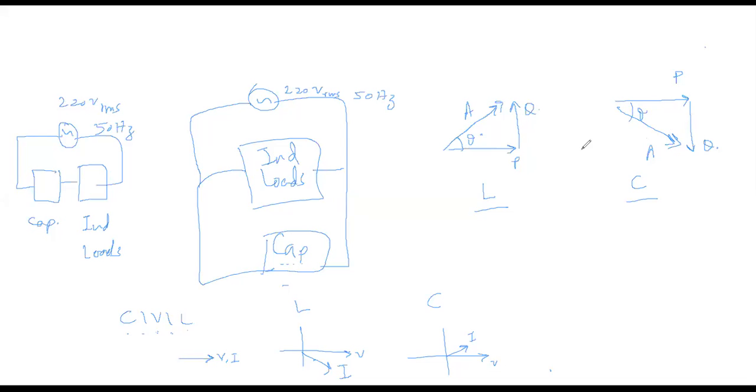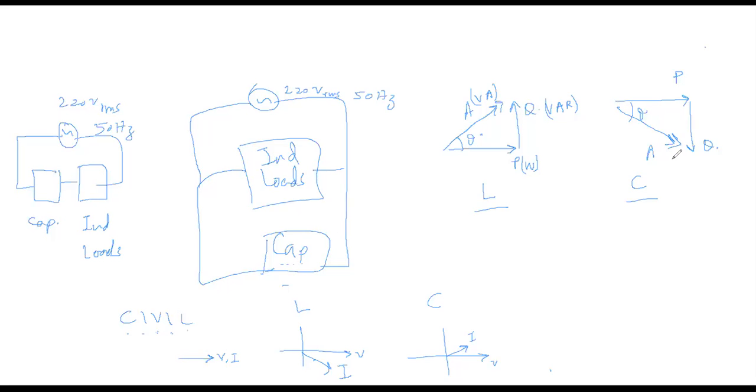So if you have positive reactive power in an inductor, then in a capacitor you are going to say that you have negative reactive power. The real power has units watts, the apparent power has units volt amperes, and the reactive power has units volt ampere reactive.